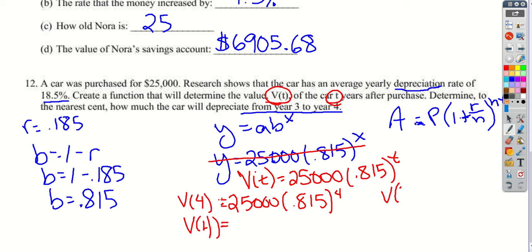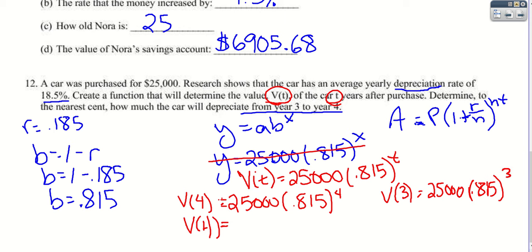And then we have to do v of 3, which is 25,000 times 0.815 to the third. And we'll figure out what that is. And then we will subtract.